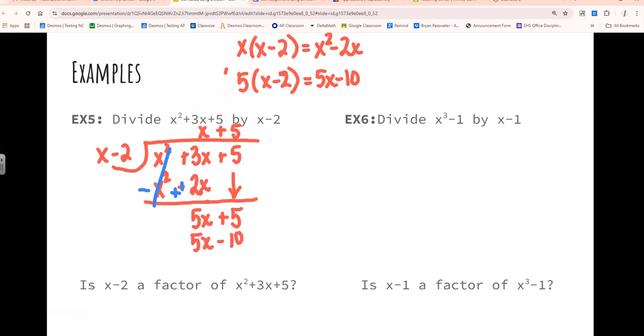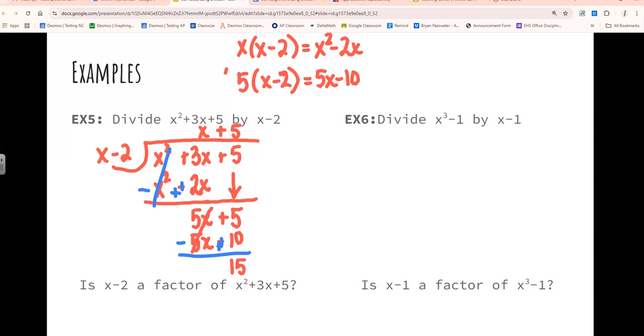Okay, so we divided. We multiplied. What do we have to do now? Subtract. I'm subtracting this, which means I got minus a negative again. That doesn't always happen, but it has on both of these. So really that's like adding the 10. And now this cancels. 5 plus 10 is 15.